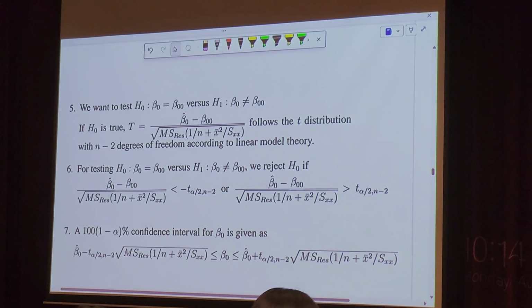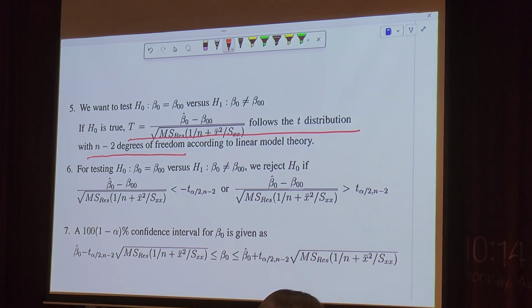You can also show that this statistic, which is a slightly different one, also has n minus 2 degrees of freedom. And according to linear model theory, after that, you can construct confidence interval and do testing.